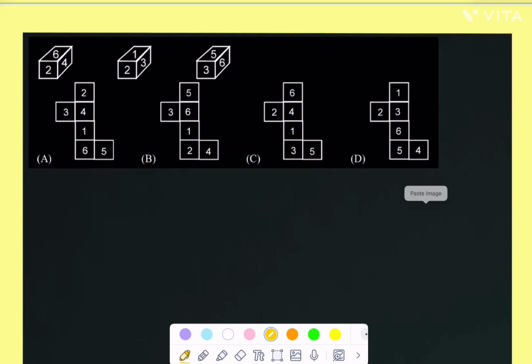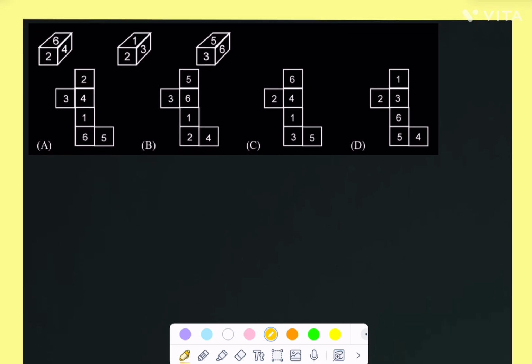And see here also, three different positions of the dice are given, and they are asking which is the correct figure. We'll check once. If I take the first position and second position, only one face is common. So the faces adjacent to 2 are 4, 6, 1, 3, right?